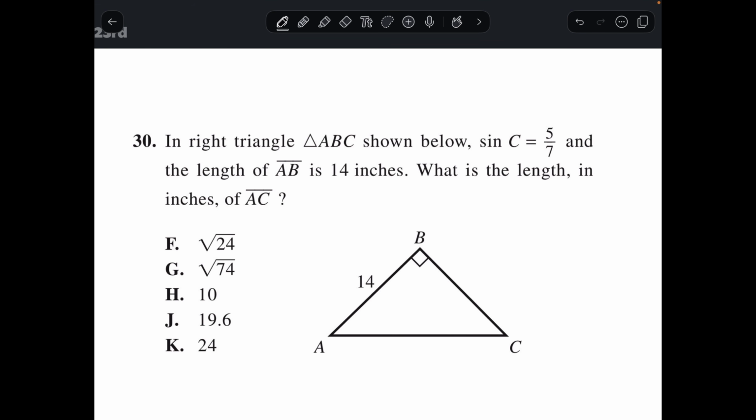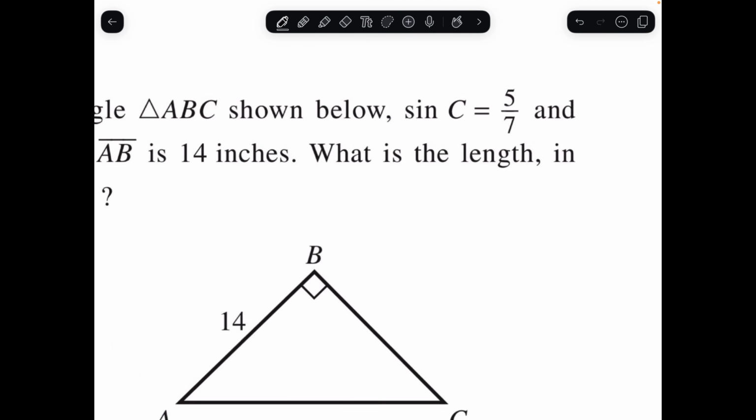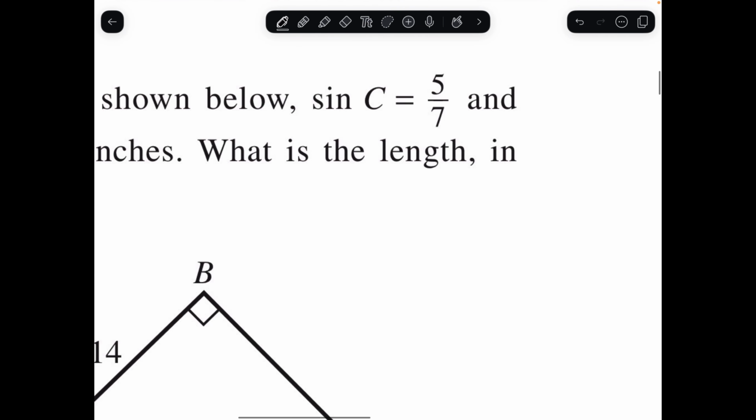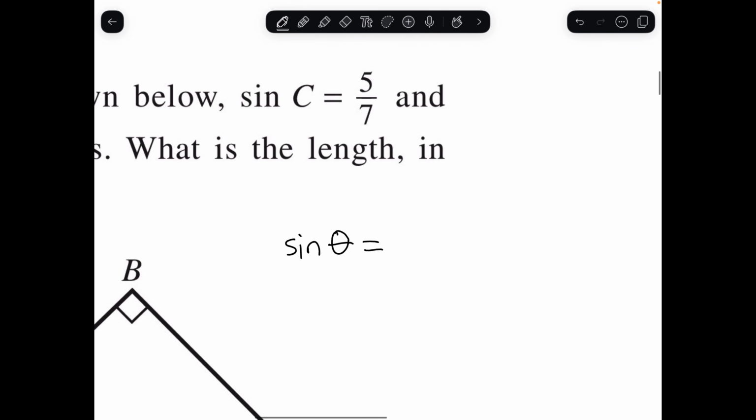So for this problem, we need to recall what sine is first. Remember, if we're trying to find sine of an angle, let's call it theta, it's going to be the side opposite from the angle over the hypotenuse of the triangle.